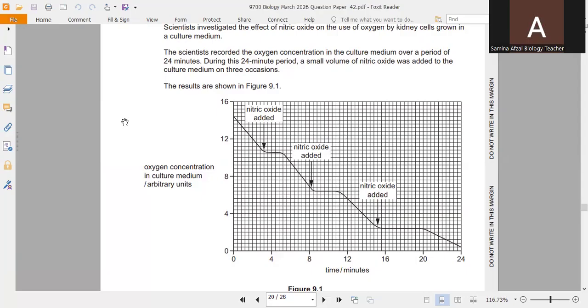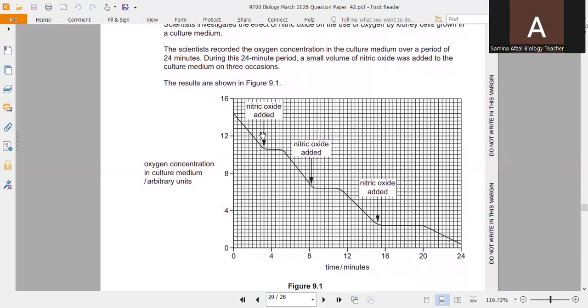So then you can see the effect of nitric oxide. Nitric oxide is added at about 3 minutes, and then at 8 minutes, and then at 15 minutes. It is not added at 20.